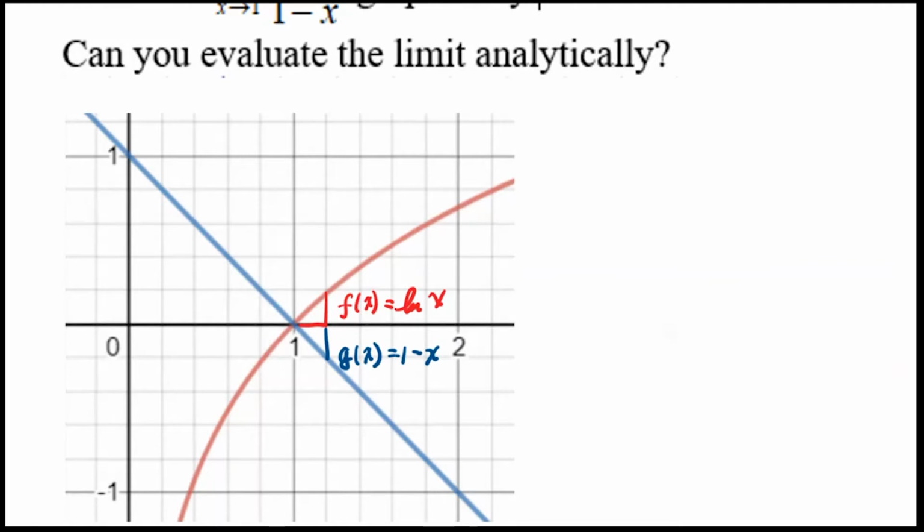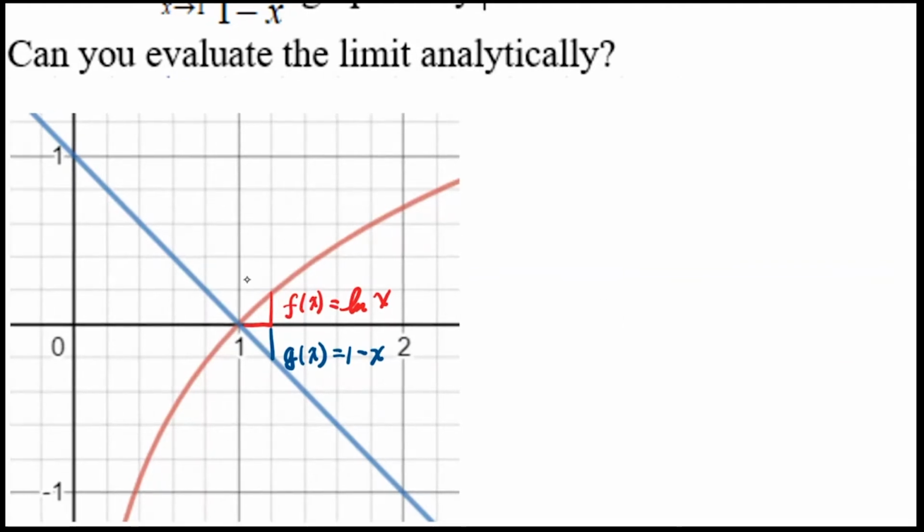And this right there, that thingy, we'll call it delta x. So what I want to do is take a limit of f of x over g of x as x approaching 1.